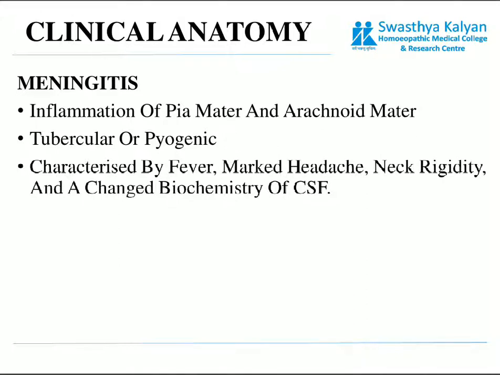The symptoms could be fever and a characteristic headache with rigidity of the neck, and there are changes in the biochemistry of the CSF on examination. The consistency and the various components present in the CSF also change.